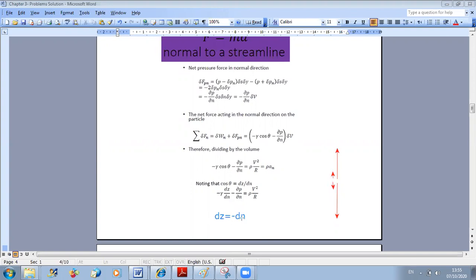This is why dz is minus dn, because when z increases and decreases, they are varying in opposite directions. This is why dz is minus dn, because the k axis is opposing the un axis. This is your k, this is your un. If you have opposite axes, the elementary variation will be opposite.